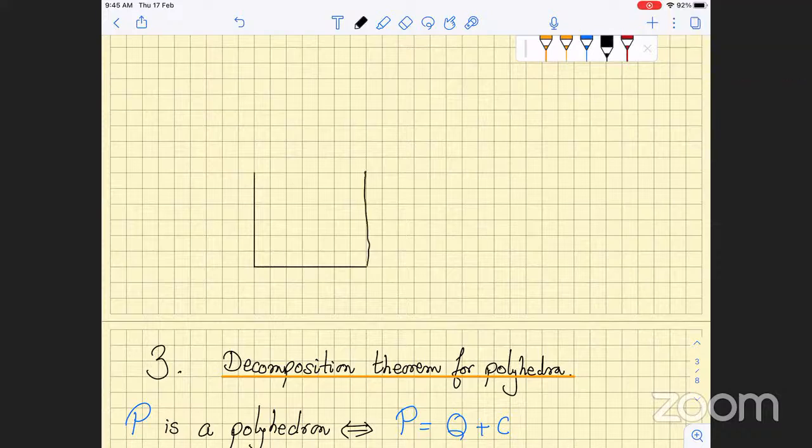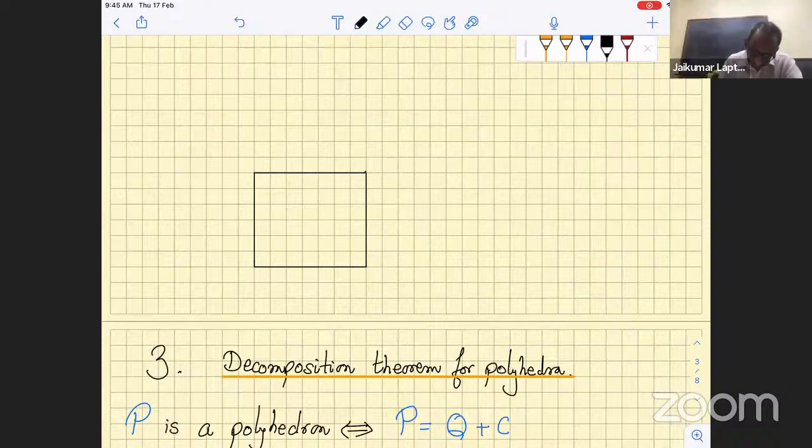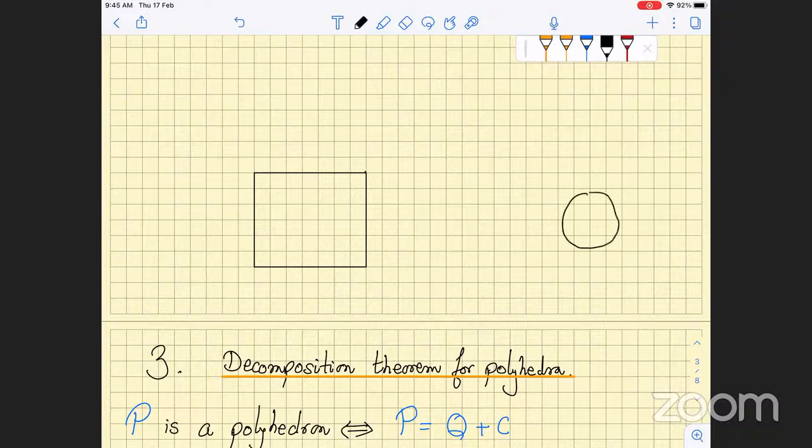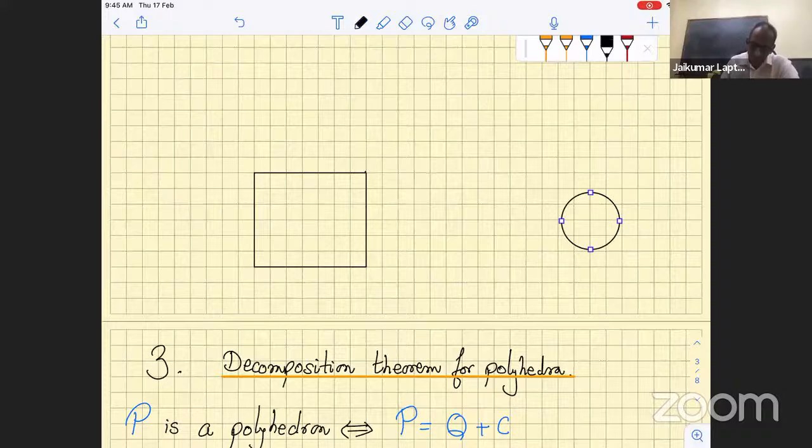So the notion of sum is similar to that of vector spaces only, right? Let us see, it is similar. Look at this, and suppose I have this. So this is one object. Let us call this the object A and this object B. And let's put an origin everywhere, so every point here is with respect to this origin.